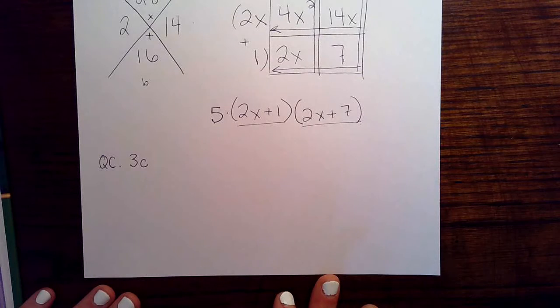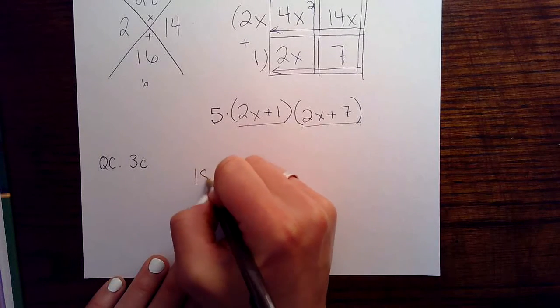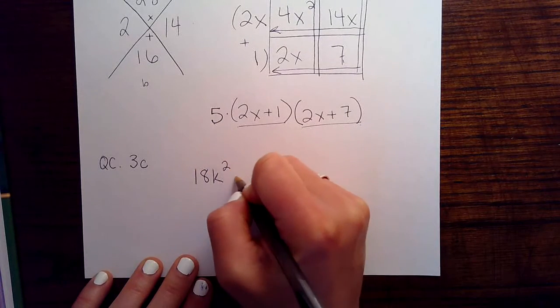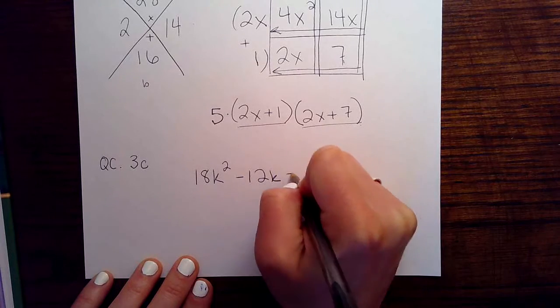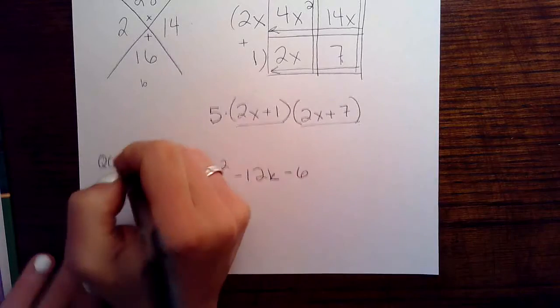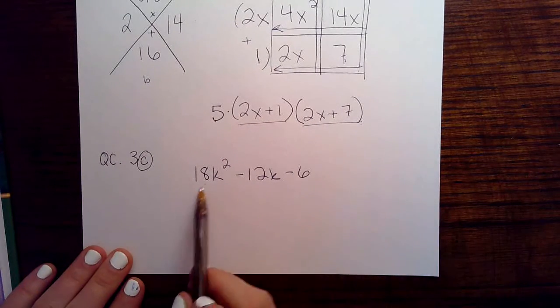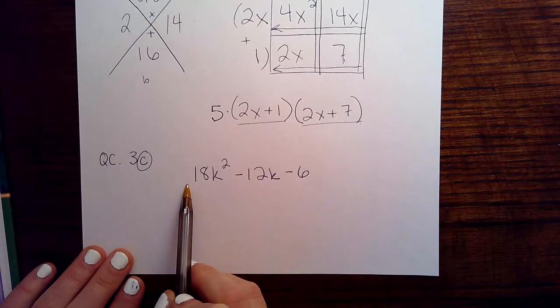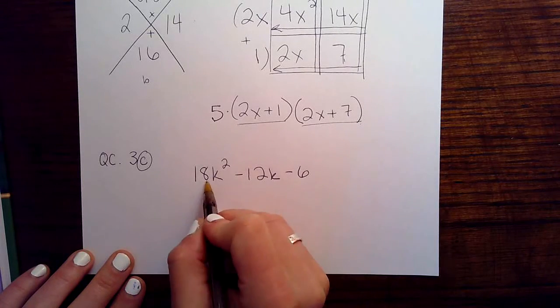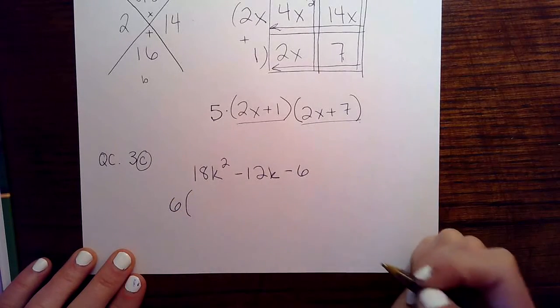I'm not going to work through the whole problem, but I will show you the first steps and then our final answer. Go ahead and pause. Okay, part C was 18k squared minus 12k minus 6. The first step, this added step of factoring out something first, we look for what do all three of these have in common. In this case, 18, 12, and 6 each have a 6 in common.